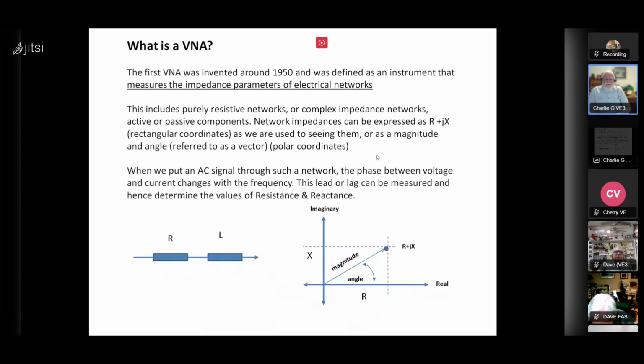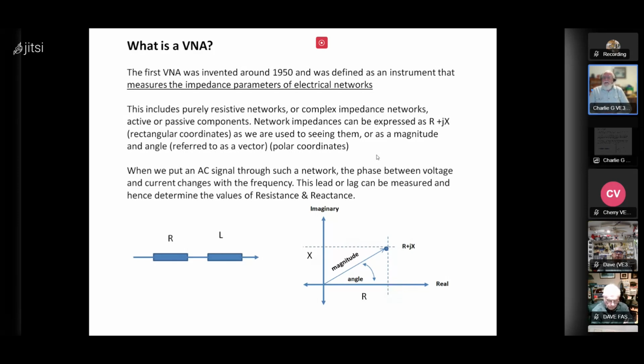So when I started digging into this, I was wondering what exactly is a VNA. We all know the words, vector network analyzer, but what exactly does that mean, and where did it come from? The first VNAs were put together around 1950, believe it or not, long time ago, and they were defined as an instrument that measures the impedance parameters of an electrical network.